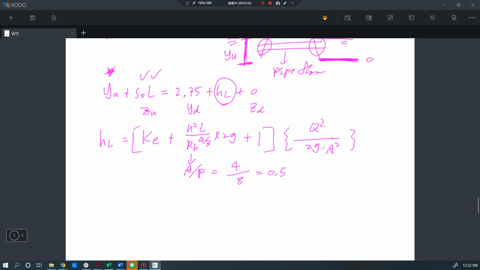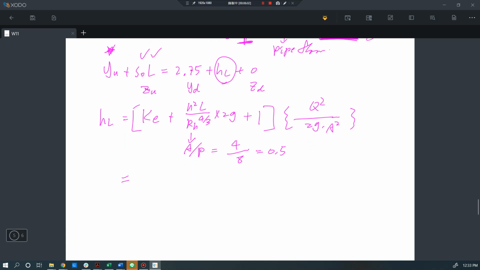Let's plug in all the values together to calculate the head losses. KE, the entrance loss, is equal to 0.5 plus 0.013 squared. This is the Manning's coefficient for concrete.